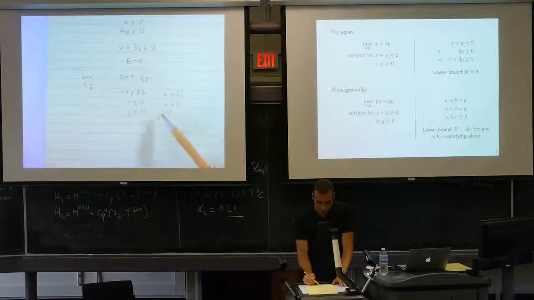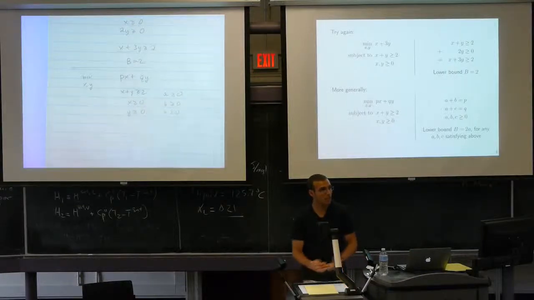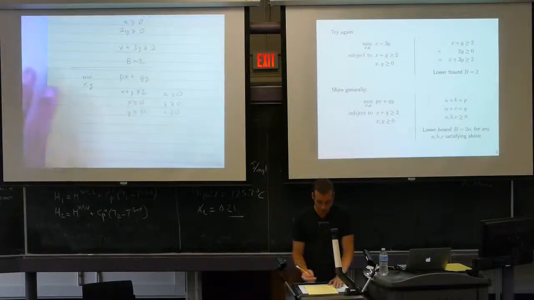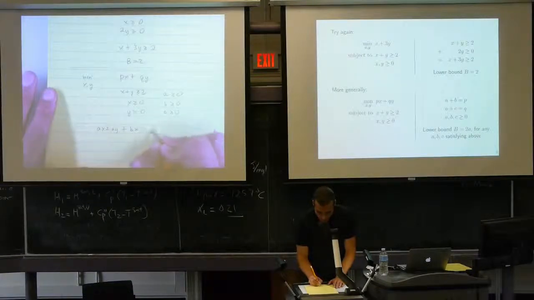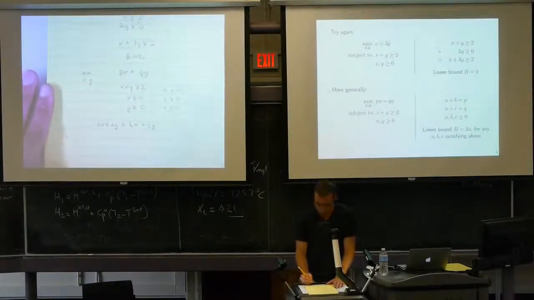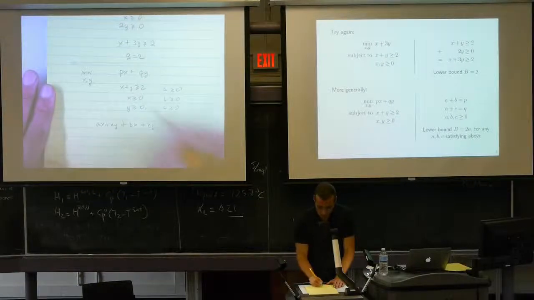But I can multiply c by this constraint, b by this one, and a by this one, and add them together to make any new constraint that I want that's a legitimate constraint. So I can say ax plus ay plus bx plus cy is certainly going to be bigger than or equal to 2a.